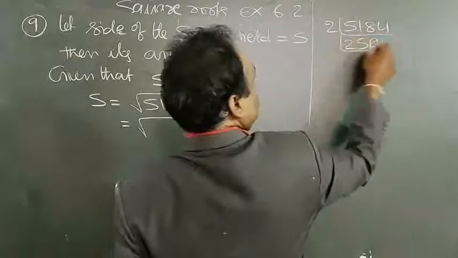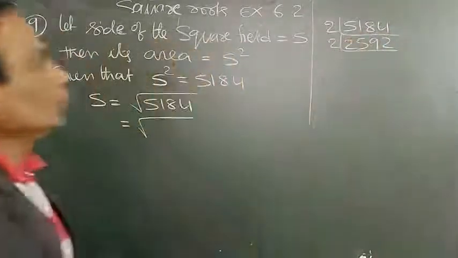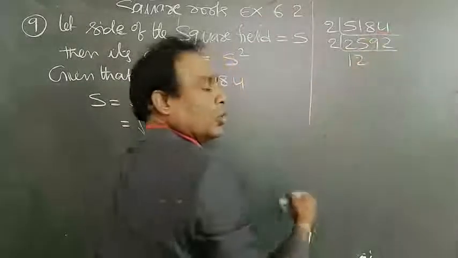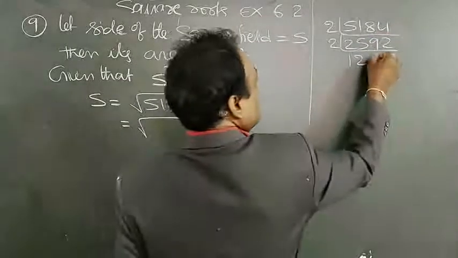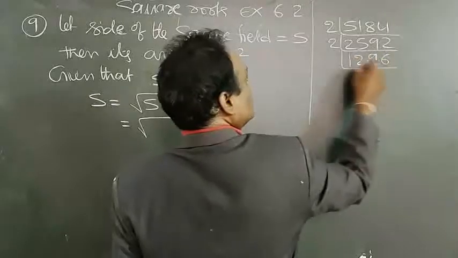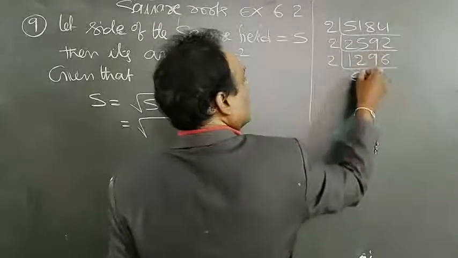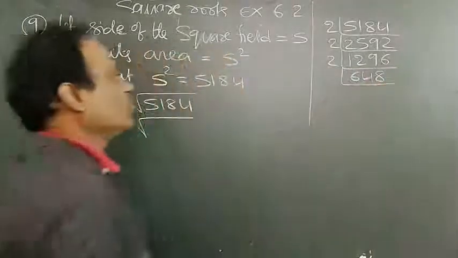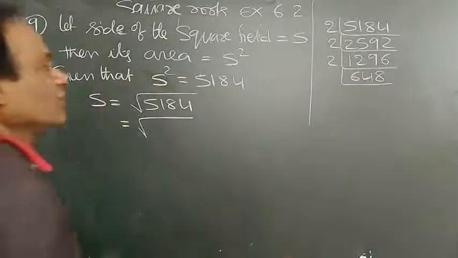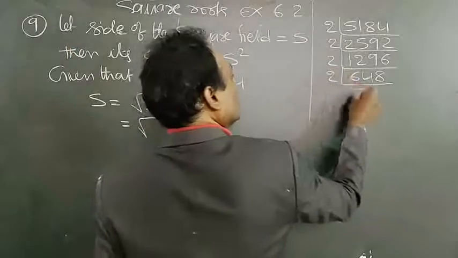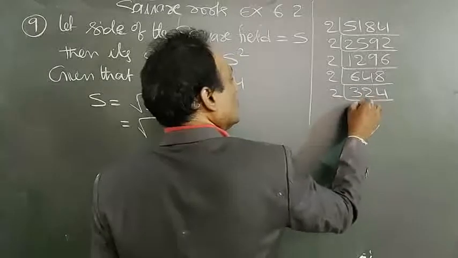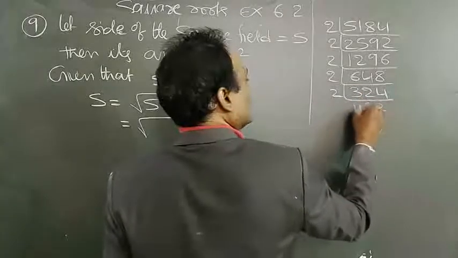Again with 2. 2 2s are 4, 19, 2 9s are 18. 2 6s are 12, 2 4s are 8, 2 8s are 16. Again with 2. 2 3s are 6, 2 2s are 4. Again with 2. 2 1s are 2, 2 6s are 12, 2 2s are 4.